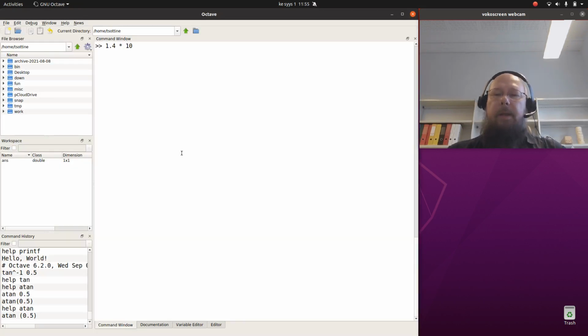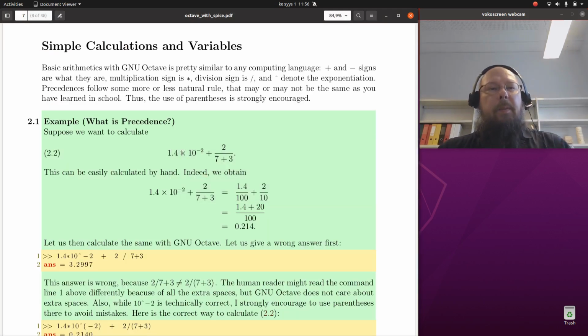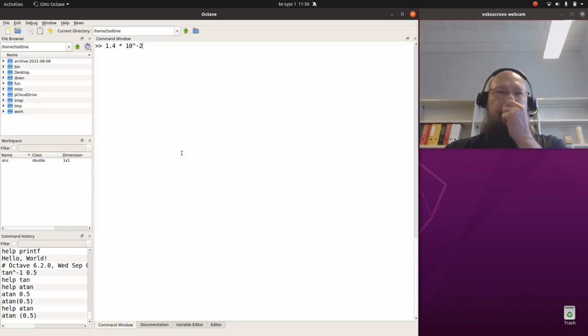So 10 is like this, power is the hat, and since at least on my keyboard the hat is a kind of combined character, if I want to put a hat and then press O, you get hat O, so you have to type the hat key and press space on my system, but this is probably known to you. So I get the hat there, or circumflex if you like. And the power was minus 2, so let's have a minus 2 there. Okay.